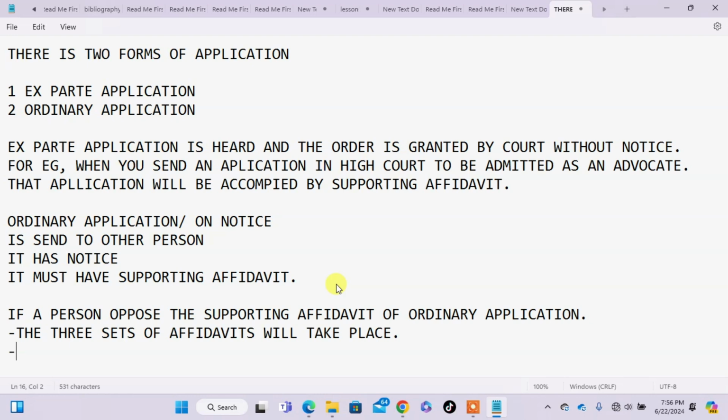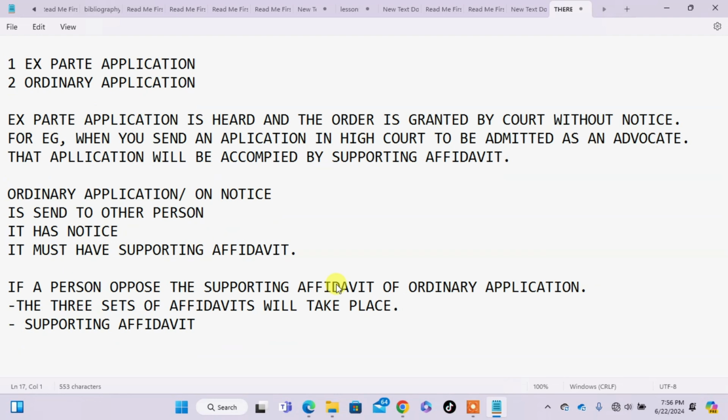The first one is the supporting affidavit. Number two is the answering affidavit. Number three is the reply.